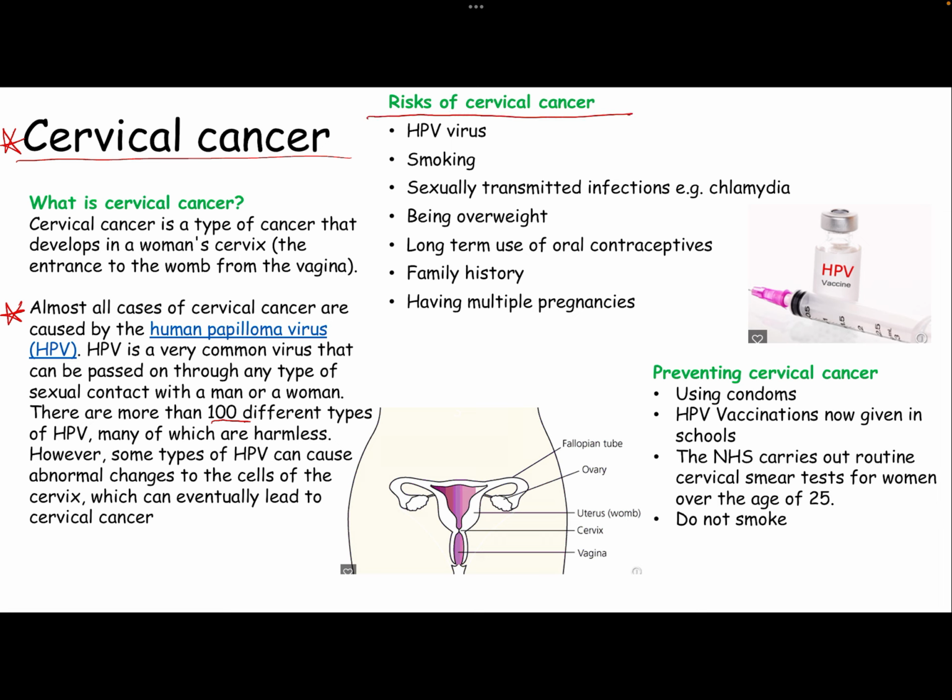Risk of cervical cancer. HPV virus is a risk. Smoking, sexually transmitted infections like chlamydia, being overweight, long-term use of oral contraceptives, family history, and having multiple pregnancies.